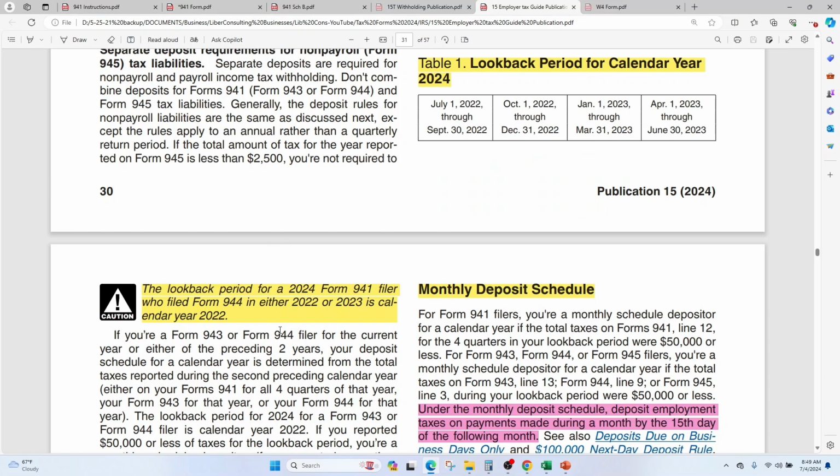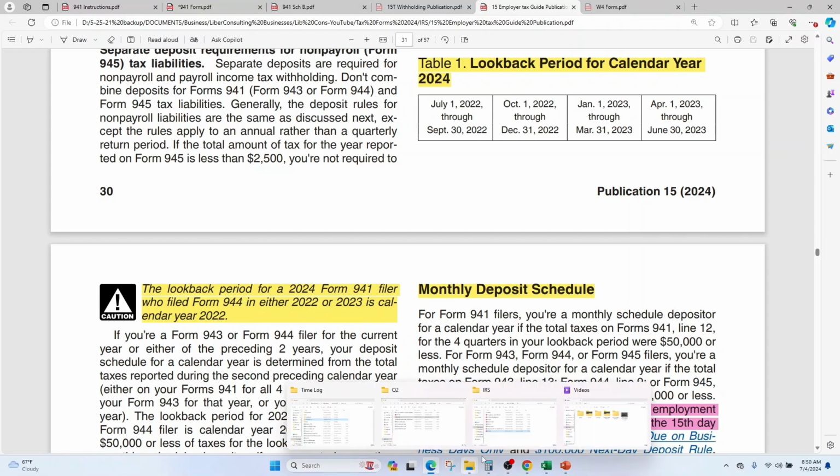If you are an existing employer, but you filed Form 944 during prior years, like in 2022 and 2023, for instance, then for your look back, you'll pull Form 944 for 2022 and you look at it.